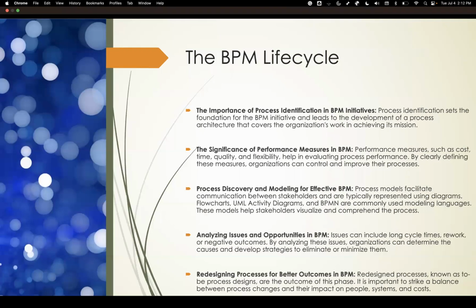This model helps stakeholders visualize and comprehend the process. The life cycle also includes analyzing issues and opportunities and redesigning processes for better outcomes in business process management.